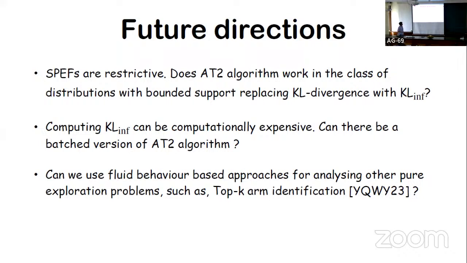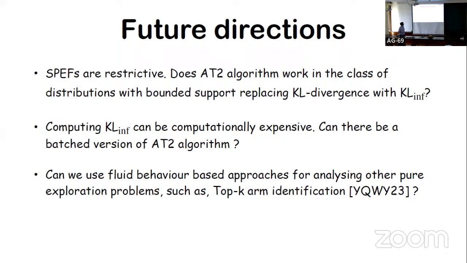KLinf is a version of the KL divergence for parametric classes where multiple distributions can have the same mean, for example, distributions with bounded support. Computing KLinf can be computationally expensive, since it involves solving a convex problem at every iteration.